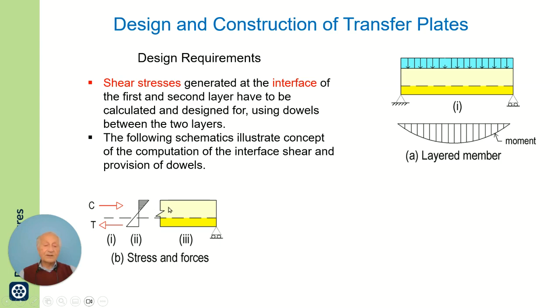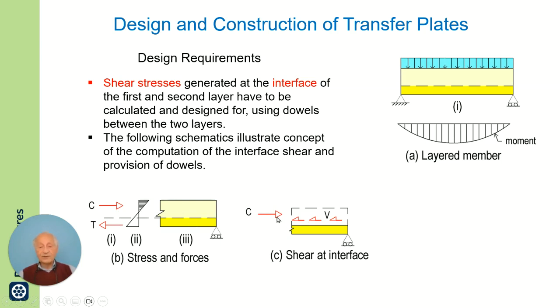you can find the force at the top, which is the area above this separation line, and you calculate the area below. The difference between the area above and the area below is the shear that has to be taken by this interface. So the difference between the two will be a force, and that force has to be transferred from one to the other.